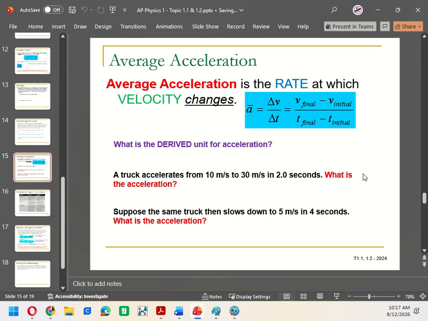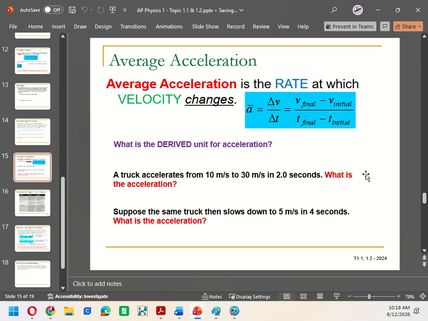This one is acceleration. That's 4. All right, for this next problem, just so you don't mess this up, that is your average acceleration.